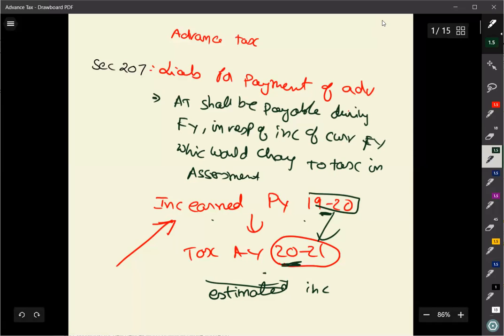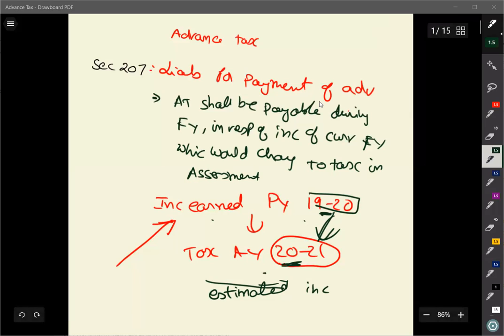Generally, if I don't pay the advance tax, the income would be chargeable to tax in the assessment year, but we are not going to wait for that. We are going to tax that in the current financial year only. That's the advance tax concept.